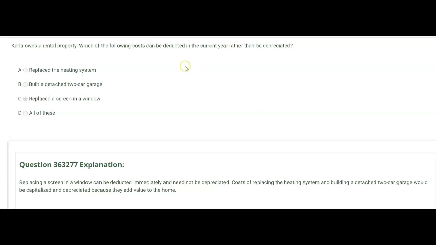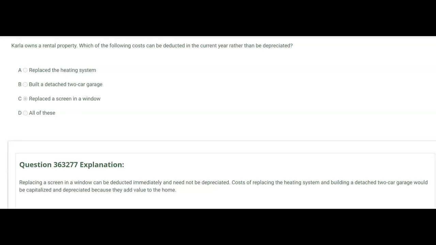She wants to get an immediate deduction. She replaced the heating system in letter A. That's going to add tremendous value. You go from having an old heating system to a new one, you're going to have to capitalize that. B, built a detached 2-car garage. That's going to add tremendous value. That's going to be capitalized. Can't get an immediate deduction for that. So A and B are out, then D must be out.